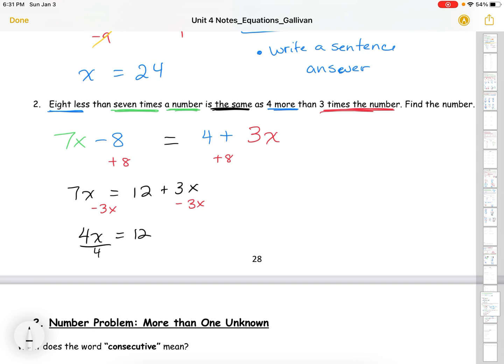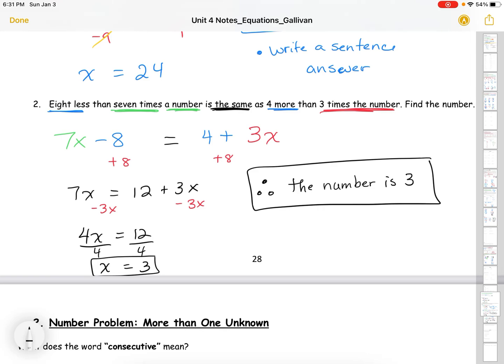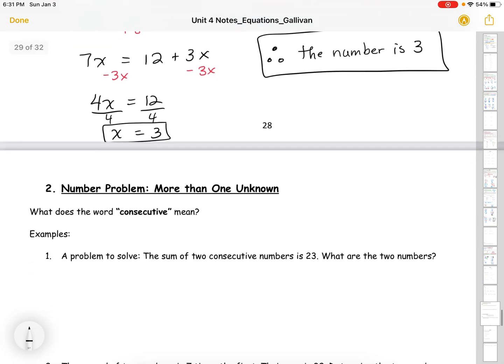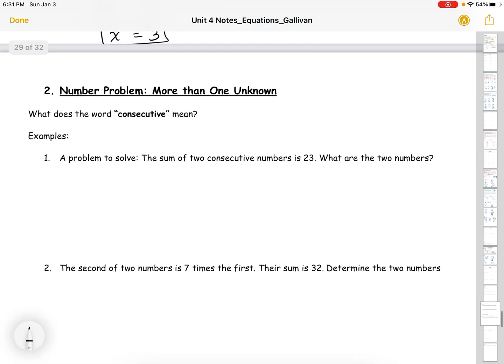So I'll get 4x is equal to 12, divide both sides by 4, and I'll get x equals 3. So therefore, the number is 3.